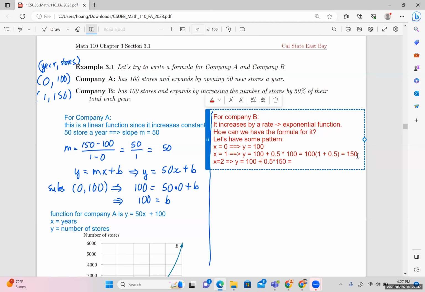This should be 150 here. I made some mistakes, sorry. And then factor 150 out, and we have 1 plus 0.5.